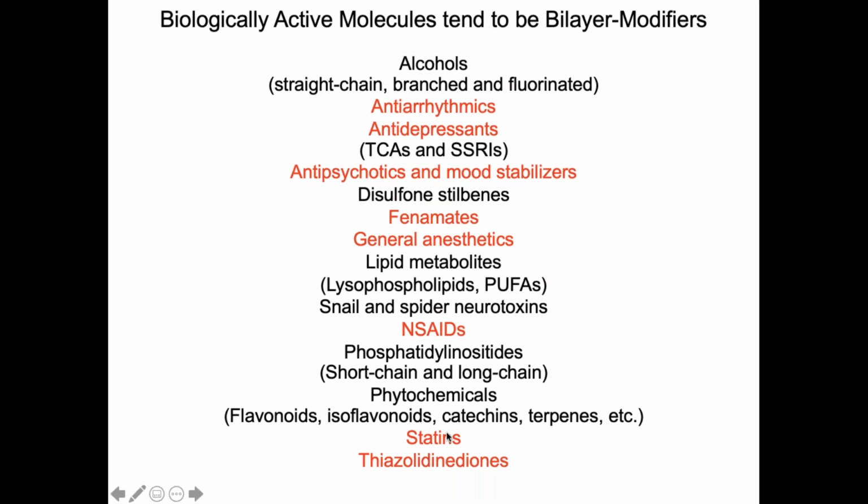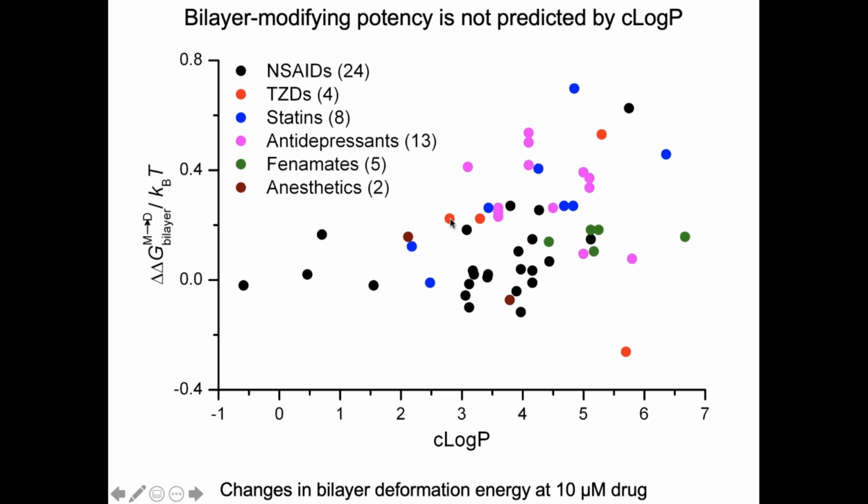And overall, you can say that biologically active molecules tend to be bilayer modifiers. But what was very surprising to us in the beginning was that if we now take these molecules and see what the bilayer-modifying potency is for these molecules, all tested at 10 micromolar concentration, we see that molecules on average tend to be more bilayer modifying.